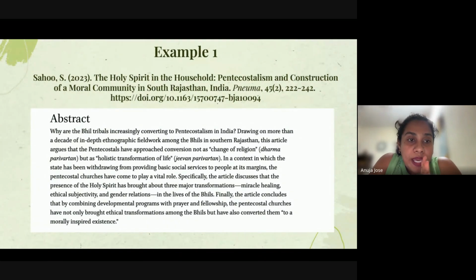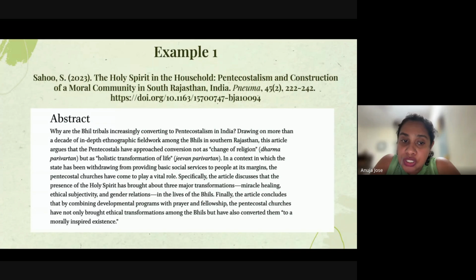Here, why are the Bhil tribals increasingly converting to Pentecostalism in India? Drawing on more than a decade of in-depth ethnographic fieldwork among the Bhils in South Rajasthan, this article argues that the Pentecostals have approached conversion not as a change of religion, Dharma Parivartan, but as a holistic transformation of life, Jivan Parivartan, in a context in which the state has been withdrawing from providing basic social services to people at its margins.